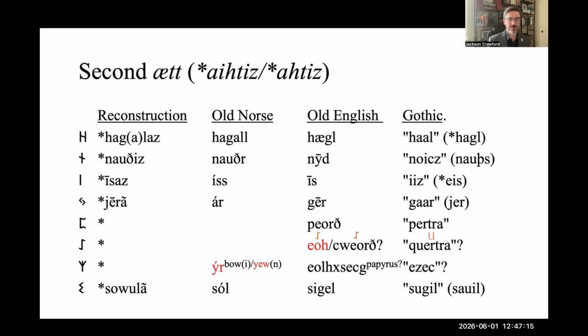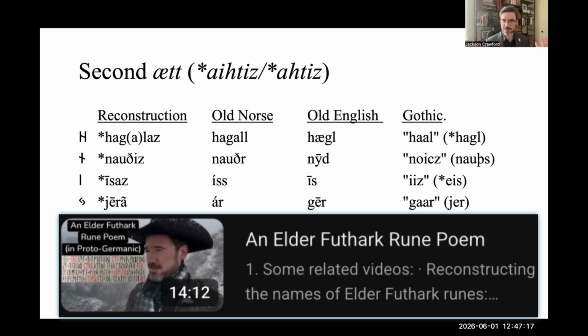Of course, no Elder Futhark rune poem is preserved for us because we don't have the Elder Futhark rune names. I have made an imaginative original Elder Futhark rune poem in Proto-Germanic, however, that's based on my notions about what the names are.